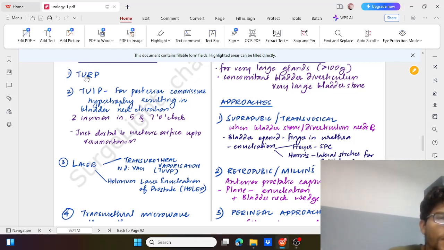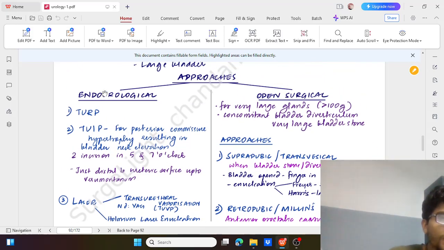This is the most common one which is done nowadays, and has stood the test of time, where through monopolar or bipolar energy we resect the prostate transurethrally.